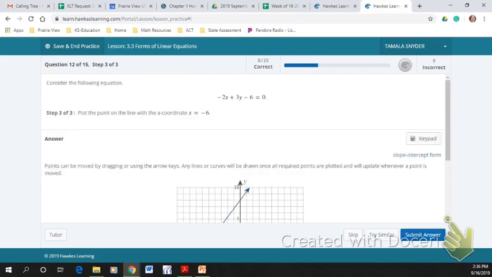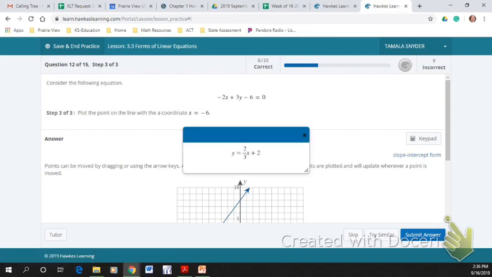And step 2, they're going to want another point so that we can make a line. Now plot the point on the line with the x-coordinate of -6. So exact same thing, but now I've got to replace x with a -6. So I'm going to have 2/3 times -6 over 1, plus 2. So 3 goes in here how many times? -2.